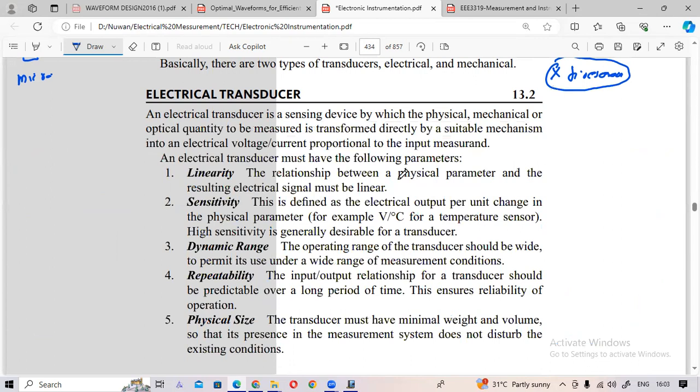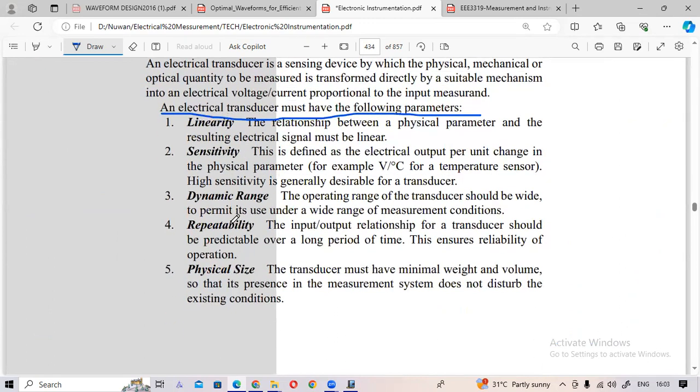Now, these are the basic parameters that a transducer should have. These are the basic properties, maybe, or parameters that a transducer should have.